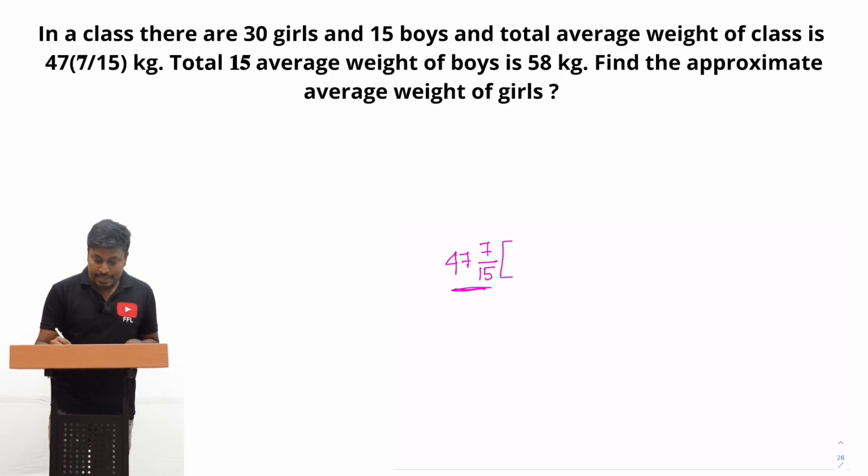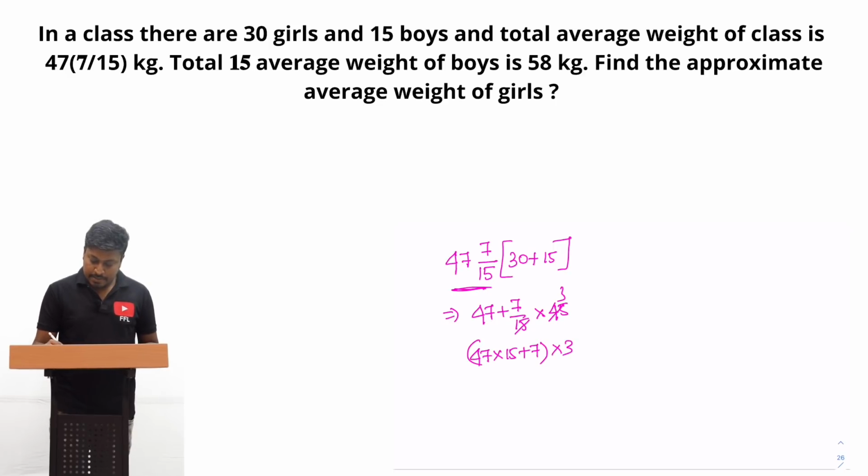Just see, in a class 30 girls plus how many boys are there? 15 boys. So 30 girls plus 15 boys into their average weight, the resultant will be the total weight of the classroom. So this can be written as 47 plus 7 by 15, into 45. So we can cancel, this becomes 3 times. So when you multiply this, 47 into 15, plus 7, got it?